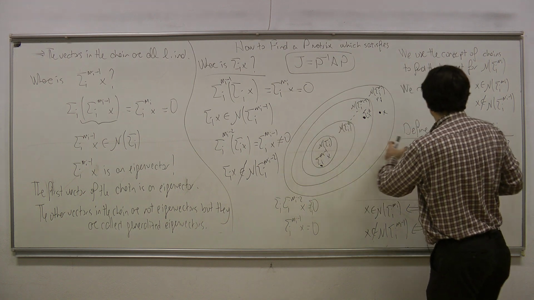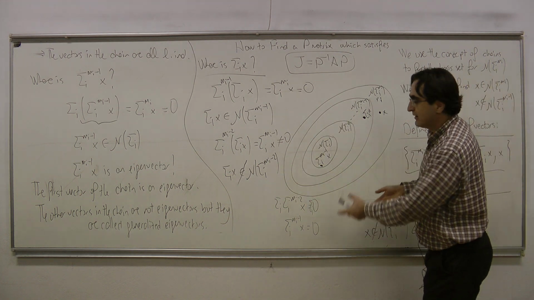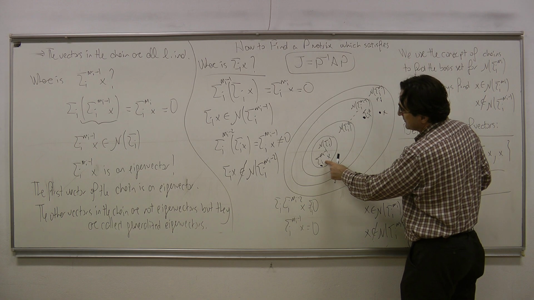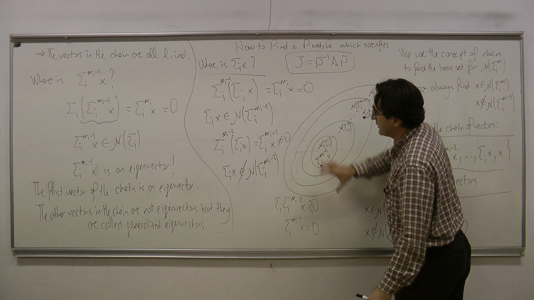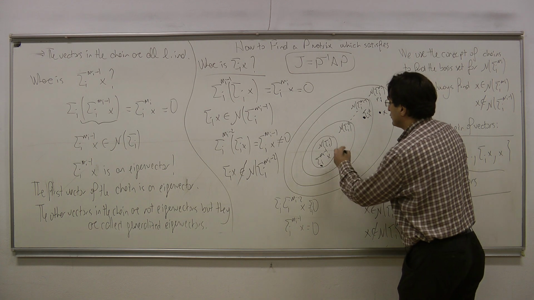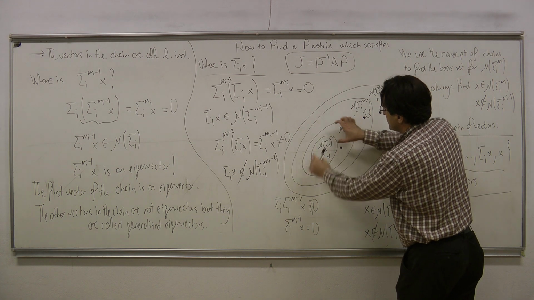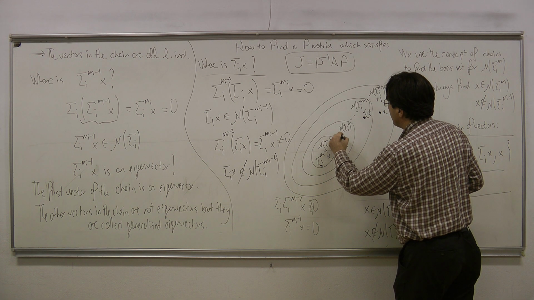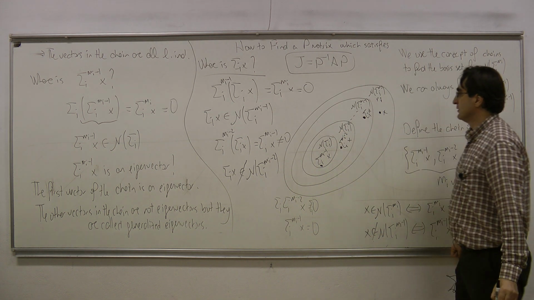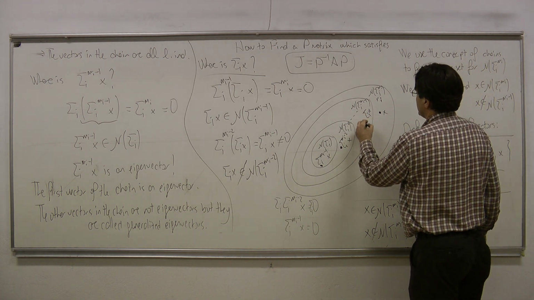In the next disk, I would have sigma I cube x, etc. Until I have sigma I to the power mi minus 1 x as the eigenvector in the innermost disk. Okay? So here, in one outer disk of the eigenspace, I would have sigma I to the mi minus 2 x.